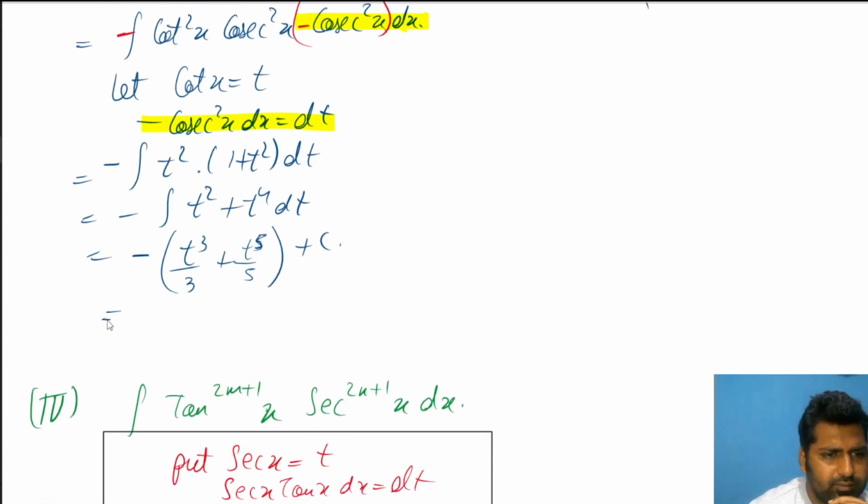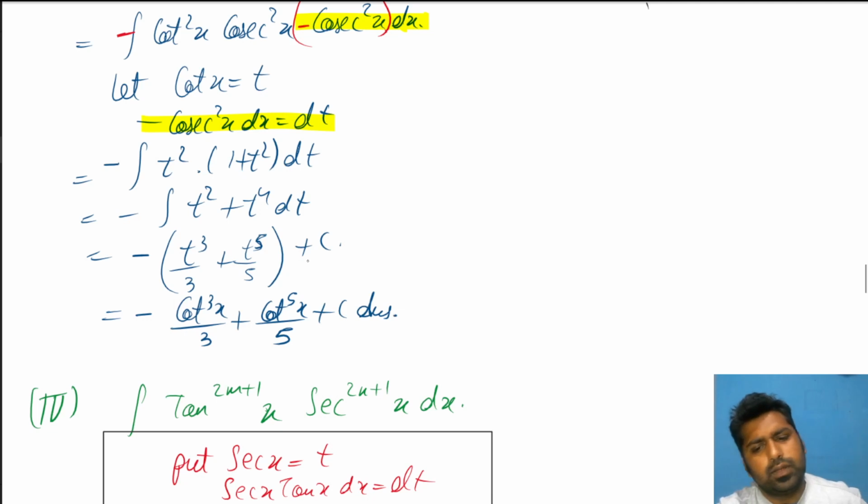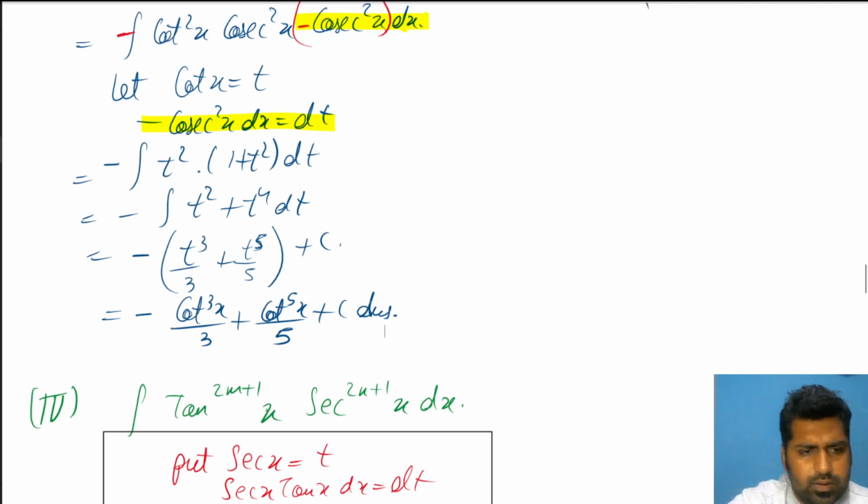What is our t? Cot cube x by 3 plus cot raised to power 5 x by 5 plus c. So one single format working for tan as well as cot, not a problem.